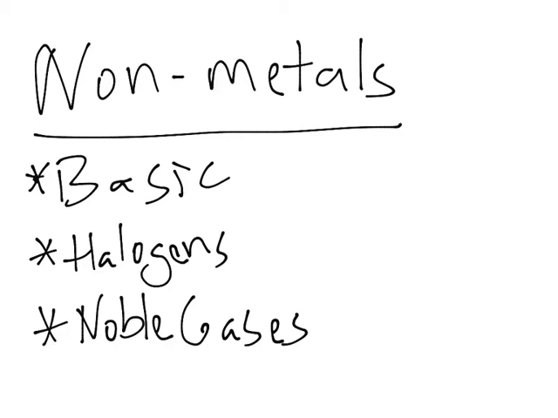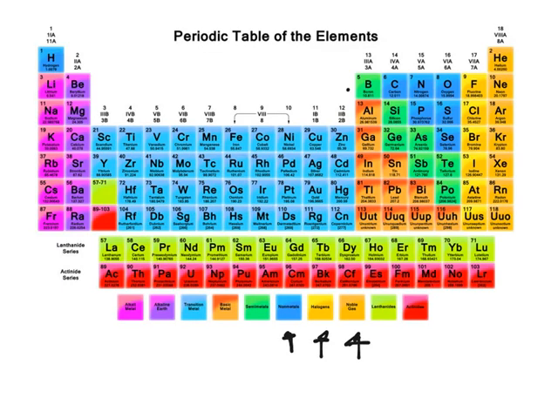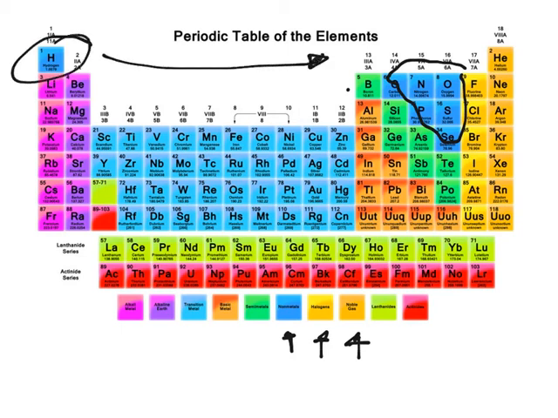So what are these? Let's go back to our periodic table. The basic nonmetals are widely used in organic chemistry, like carbon and oxygen. And we have hydrogen right here. You can't forget that hydrogen is a non-metal. Although it usually acts as a cation, it is a non-metal.